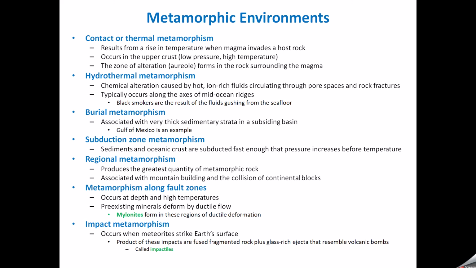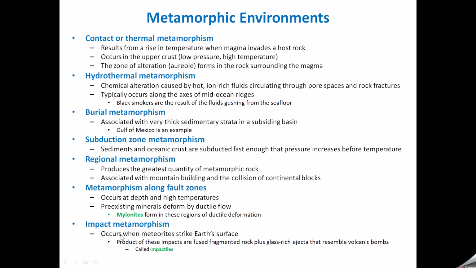But rocks at the very top of the fault zone, close to the surface, will have brittle deformation. If the deformation is ductile, the product, we call it mylonite, forms in these regions of ductile deformation.